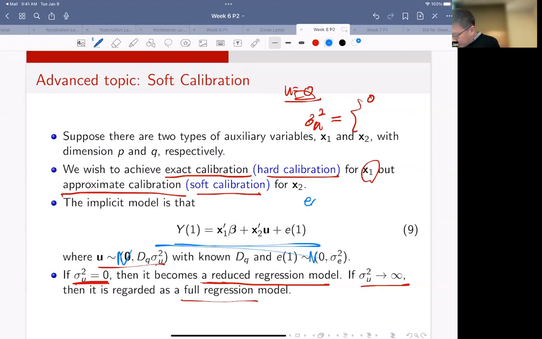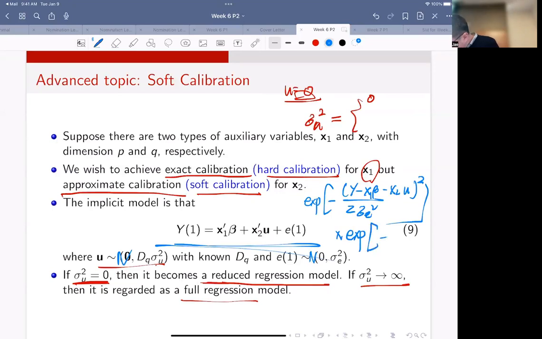You have an exponential of sigma e square, y minus x1 beta minus x2 u square. So this is the conditional model, conditional on y given x1 and u. And then you need to multiply by sigma u square.